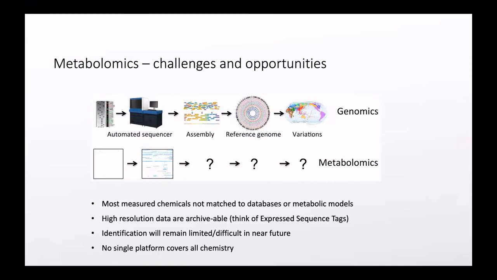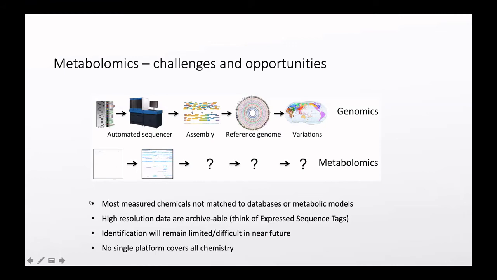This brings up a very interesting point of view. If we compare this to the history of genomics, it took genomics about 20 years to develop from a high-throughput sequencer to where we are today. So metabolomics is probably here. The hardware is good enough, but we still don't have a good assembly, so a lot of questions are wide open.